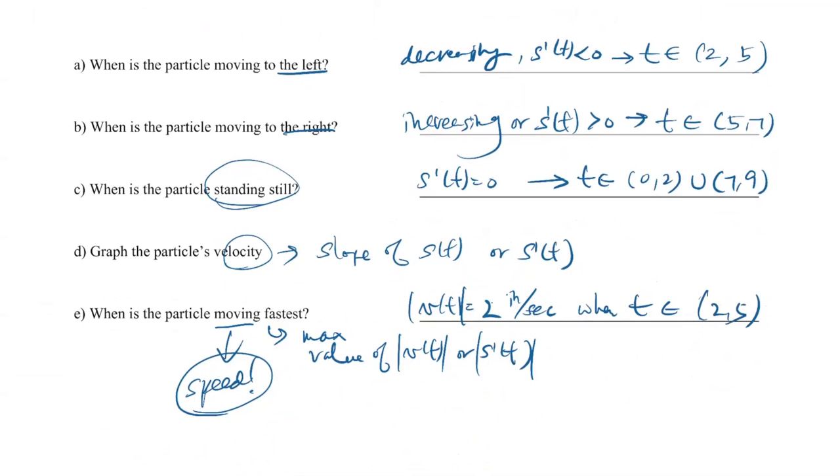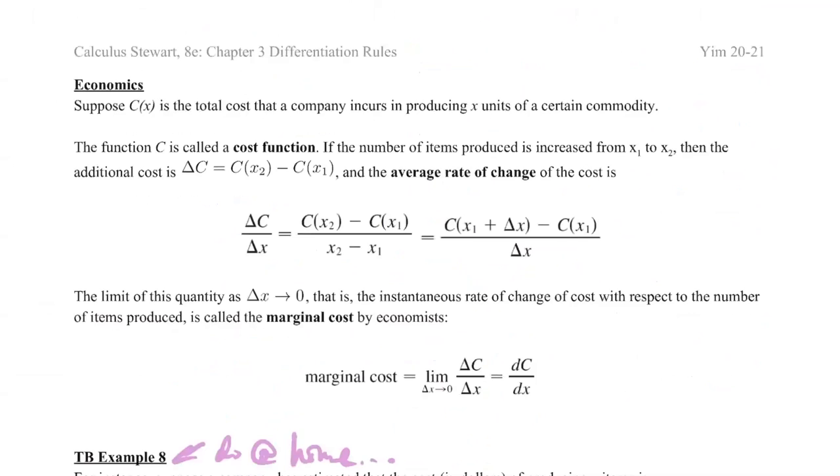All right, guys, we're almost done. Okay. So I'm going to do a quick intro in Econ application. Suppose there's a cost function, the total cost that a company incurs in producing X units of a certain commodity, right? So that'll be known as a cost function. The number of items produced increases from X1 to X2, then there's an additional cost, right?